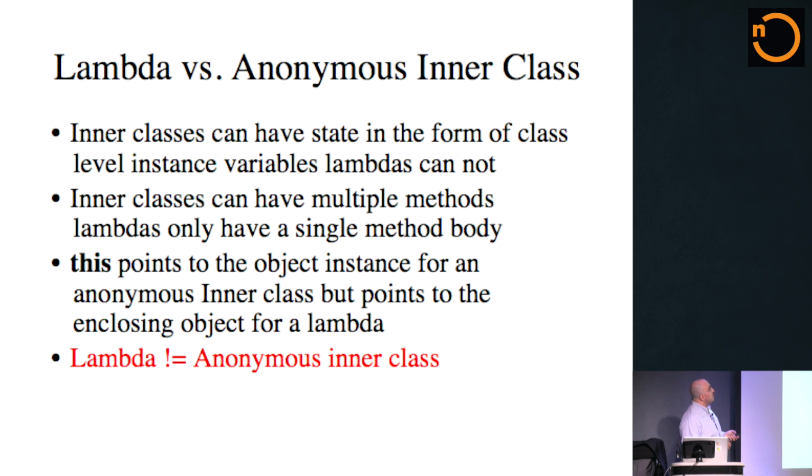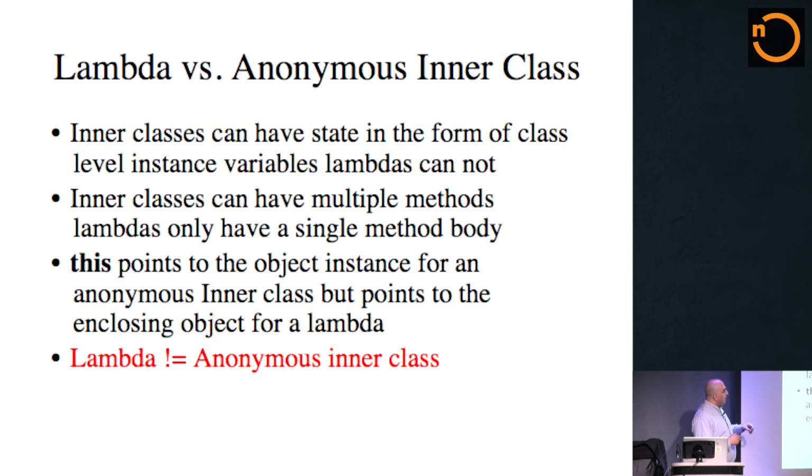So lambdas versus anonymous inner classes. Now we can talk about why they're not the same. First of all, the inner classes can have state, which you cannot have in the lambdas. They can have as many variables and objects inside them as you want. The inner classes can have multiple methods. You can have 5 methods in your anonymous inner class, no problem. With the lambda, you have 1.